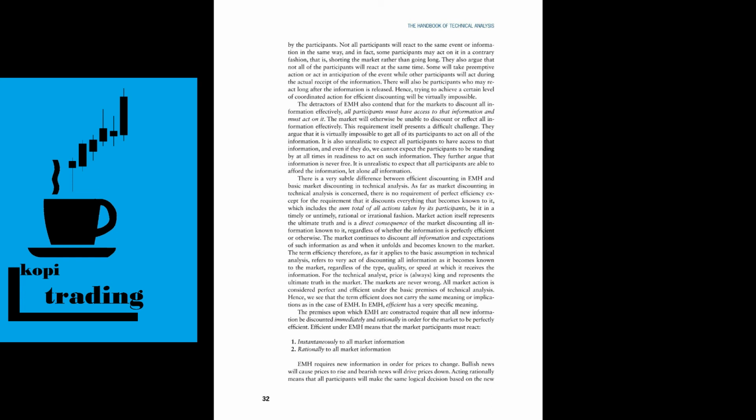Instantaneously to all market information. 2. Rationally to all market information. EMH requires new information in order for prices to change. Bullish news will cause prices to rise and bearish news will drive prices down. Acting rationally means that all participants will make the same logical decision based on the new information.